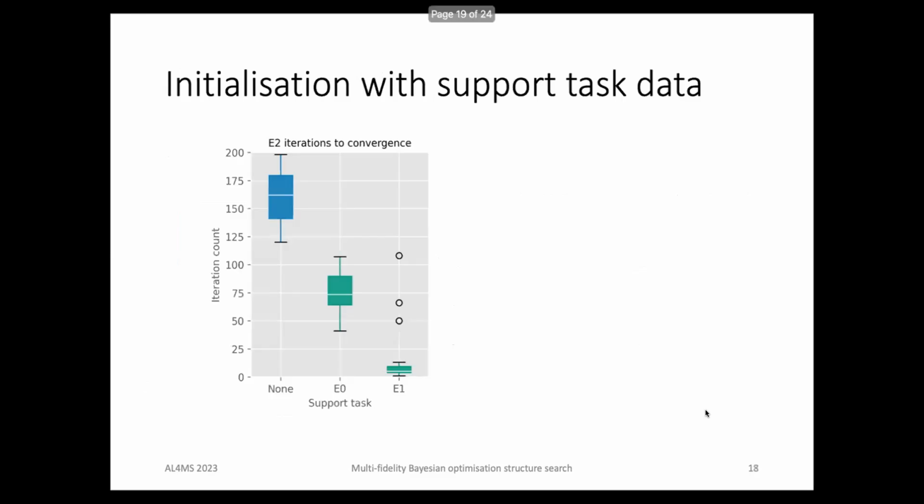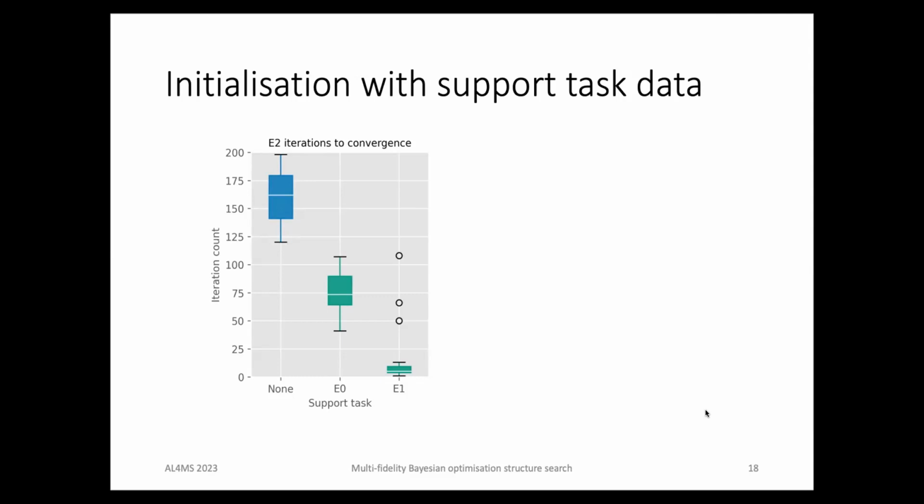And our first comparison is between baseline optimization and the multi-fidelity method, where we initialized a target optimization run with some support task data. And here we collected 155 support task observations, and we initialized the target optimization with those, plus 5 target observations.